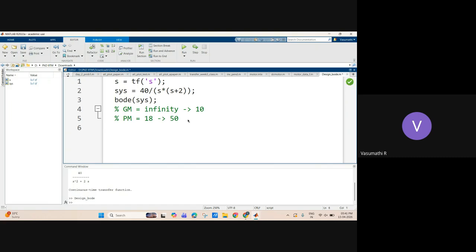So what is the next step? Once we have found these desired characteristics, now we will calculate how much you want to jump. So your current phase margin is 18, required is 50. So 50 minus 18 is 32 degrees. 32 degrees we have to increase in your phase margin.